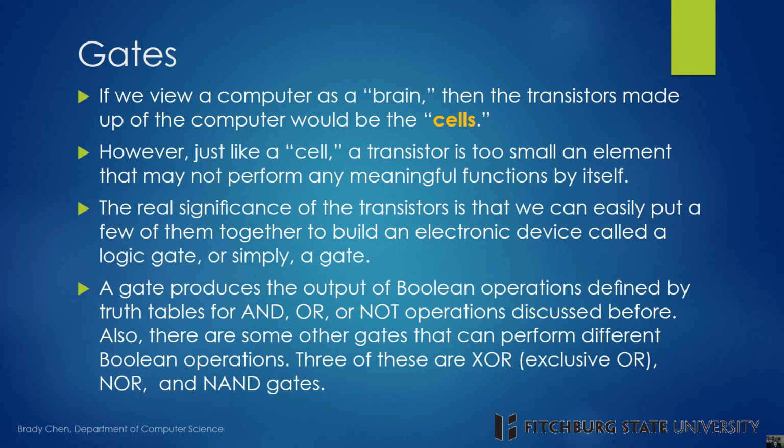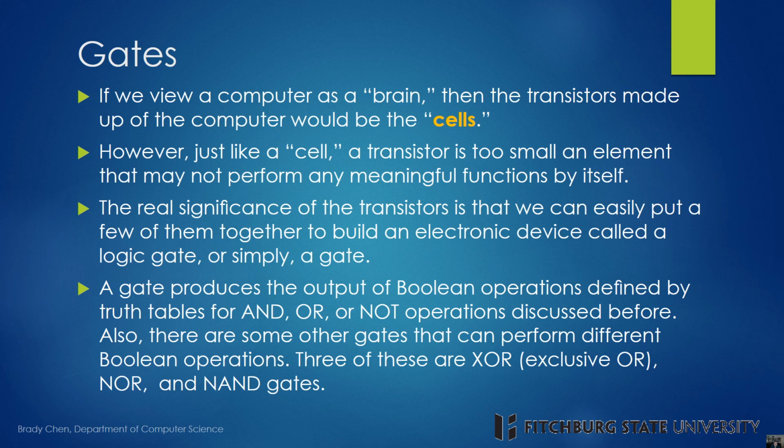So we use transistors to build bigger components, just like a cell. The cell itself is too small, so we need to build human organs from the cells. A transistor is too small an element to perform anything meaningful, just like a cell.